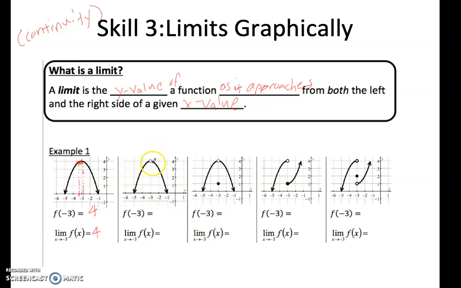Now here we have what in pre-calc you call a removable discontinuity, where it's just like a hole. If we plug in -3, it would not work, so that's D and E for does not exist. However, if we go right before -3, we're about 4, and right after -3, we are about 4.